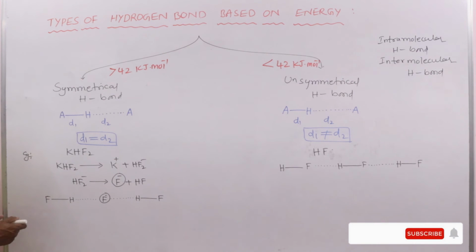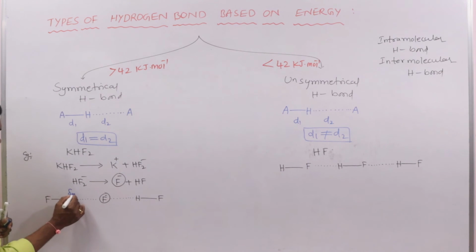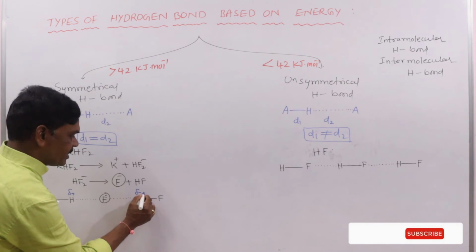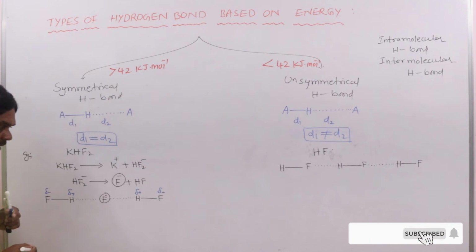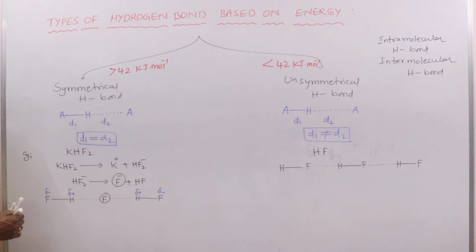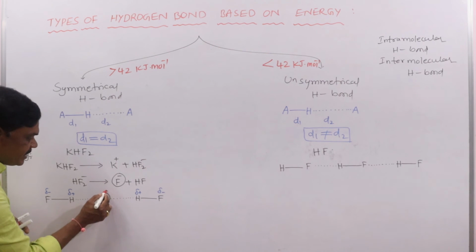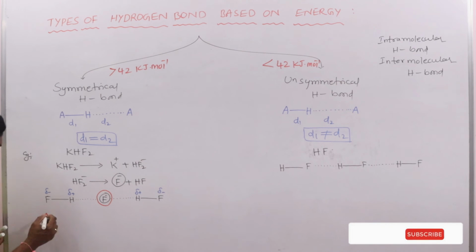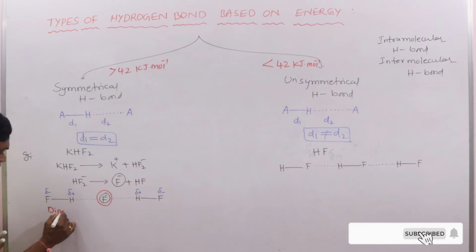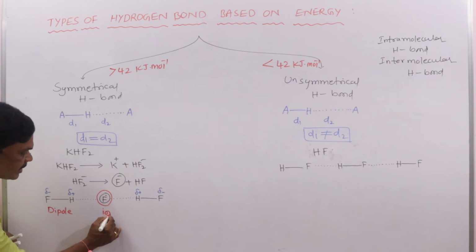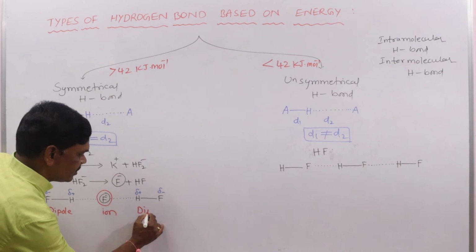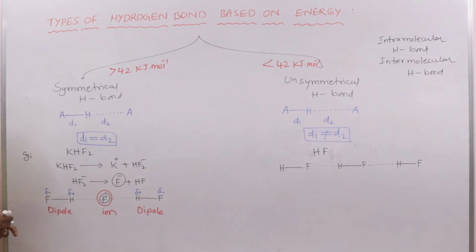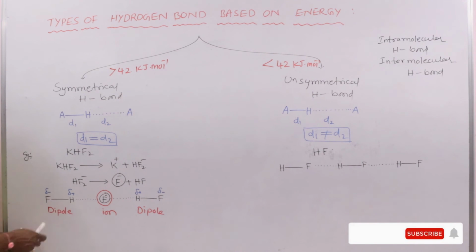Partially it gets a positive charge and partially a negative charge, and here also the same partial positive and partial negative charge. But in the symmetrical case, this is an ion and this is a dipole. So here there are ion-dipole interactions.